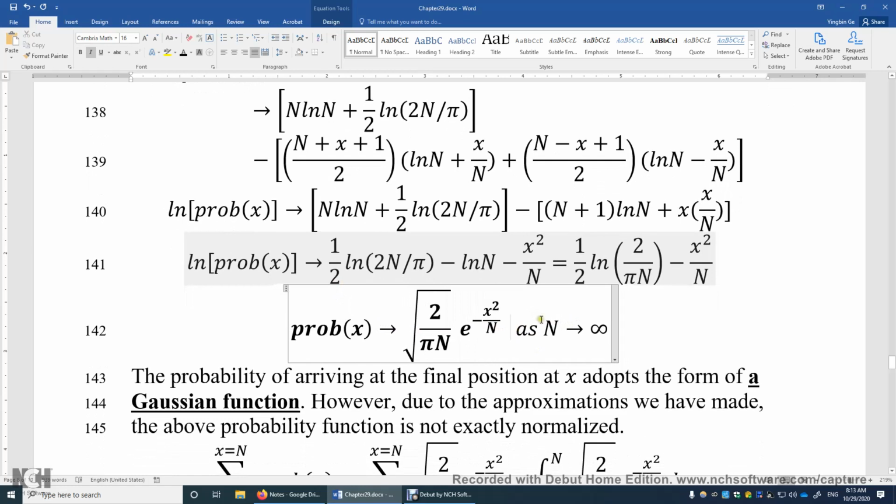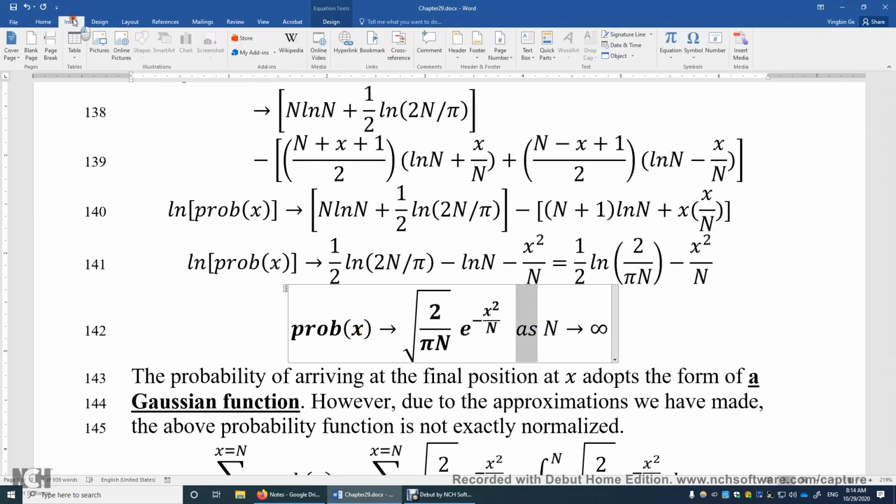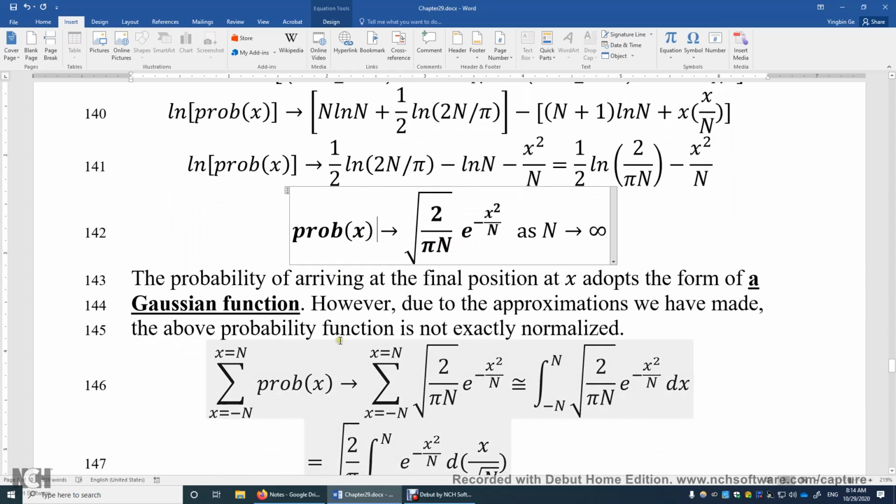Again, this uppercase N is the total number of steps this drunk person took, and this x is the distance between the final position and the initial position. Again, this x can be a negative number or a positive number. All right, so you get a distribution very close to a Gaussian distribution.